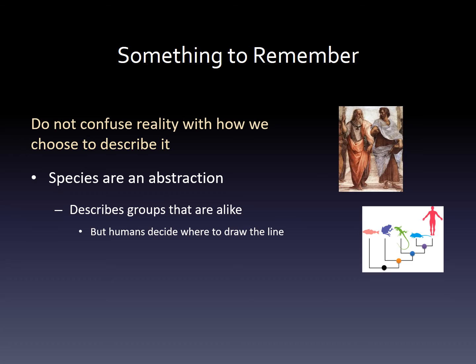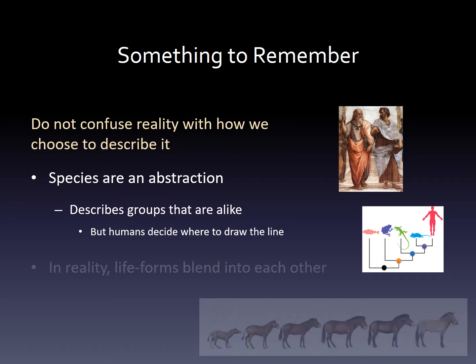So if there is variation, and that variation appears to blend from one species into another, at some point we just have to draw the line and say, on this side is one species and on that side is another. So we're going to talk about different ways, different pieces of logic that can be employed to draw that line.